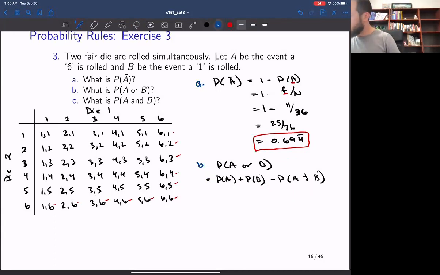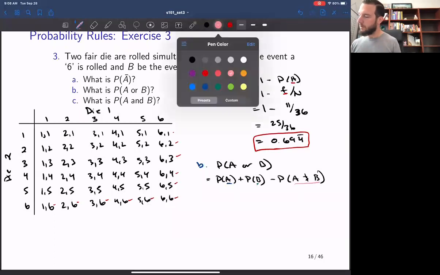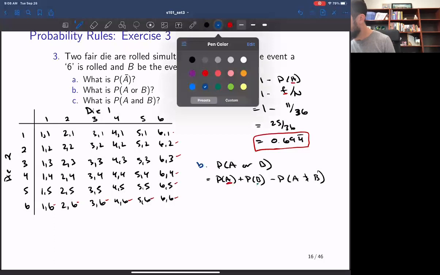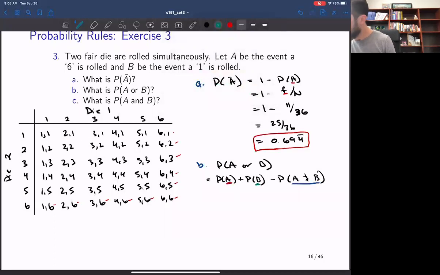All right, so let's take a look at this here. So we'll let blue be A, we'll let green be B, and I'll let this cream color be A and B. Okay, so A is the event a 6 is rolled. Oh, I guess I should just leave that as red because we already did this one. Okay, so A is the event a 6 is rolled.